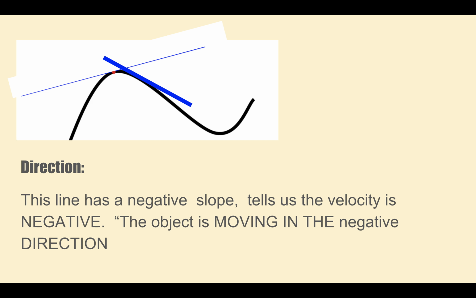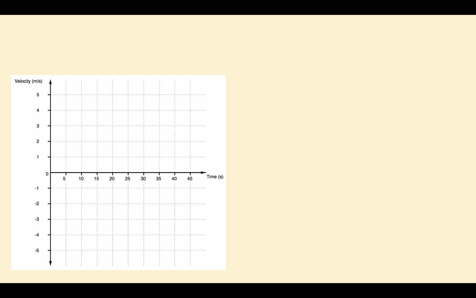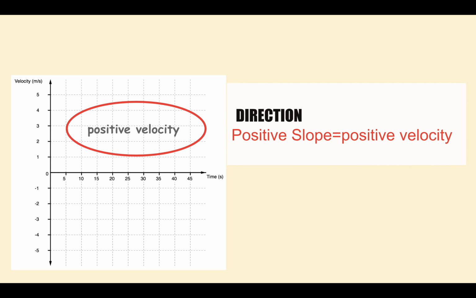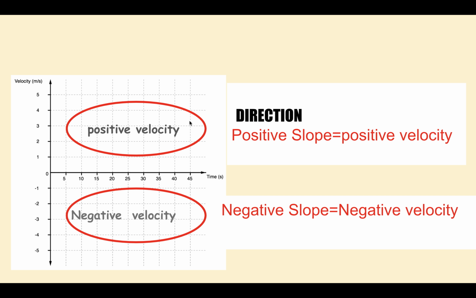And this is what I meant by the pencil test. It's like taking your pencil and laying it down on the curve and figuring out what's going on at that moment in time, and then looking at a couple of other points to see a change or a trend. All right, so on our velocity versus time graph, when we're trying to construct it, if we have a positive slope, it means I'm going to draw it in this first quadrant.